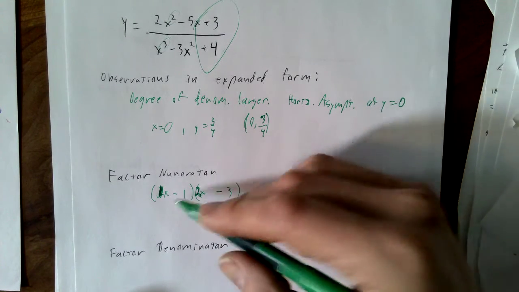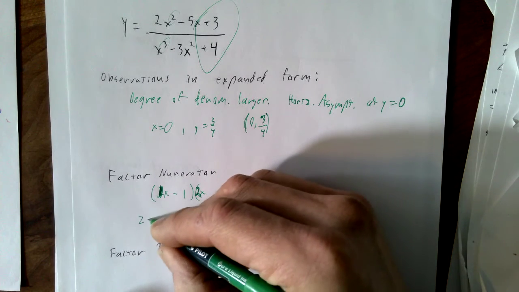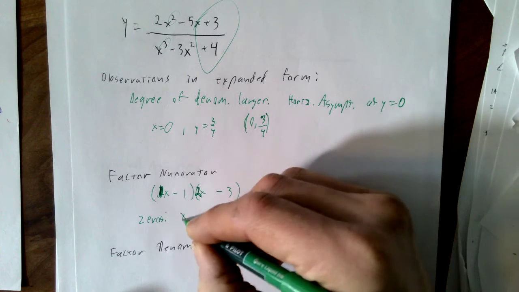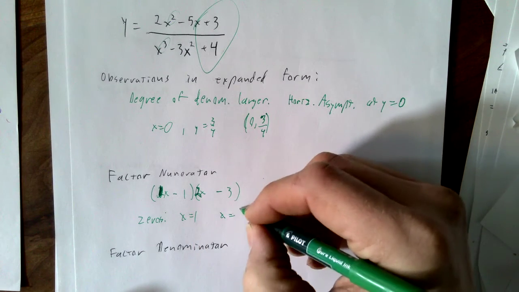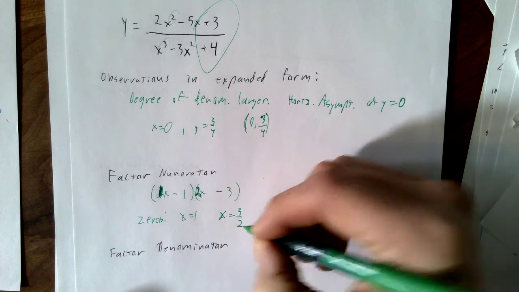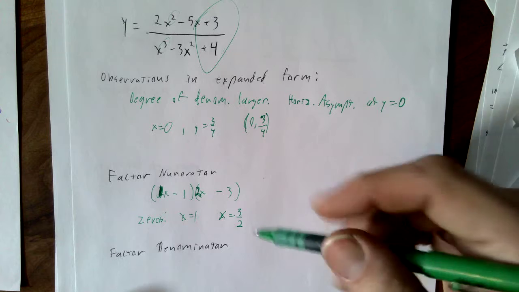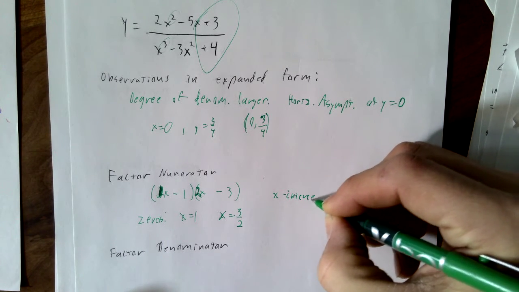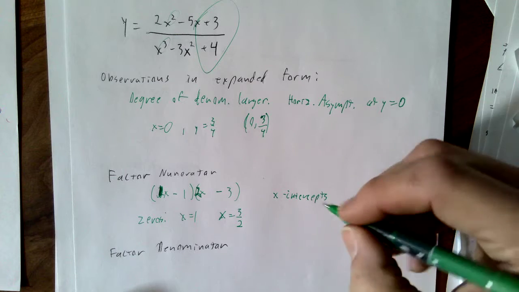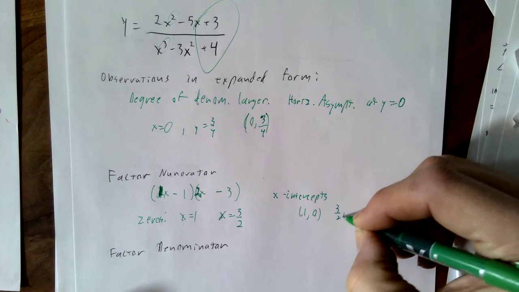And so if I can tell the factors of the numerator, then I can tell the zeros of the numerator: when x equals 1, and this equals 0 when x equals 3/2. Zeros of the numerator in a rational function become x-intercepts of the function. When the numerator is equal to 0, the function is equal to 0. So we have (1, 0) and (3/2, 0).